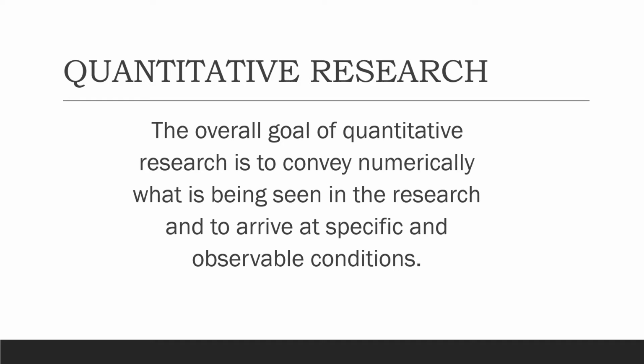The overall goal of quantitative research is to convey numerically what is being seen in the research and to arrive at specific and observable condition. So again, in quantitative research, we use numbers, okay? We depict our results through numbers.